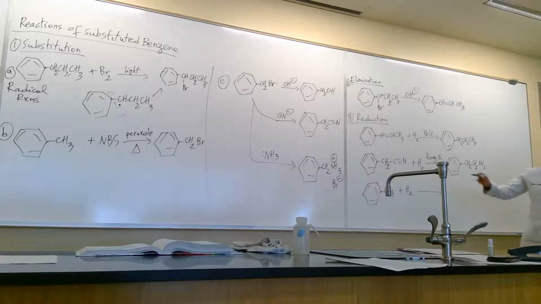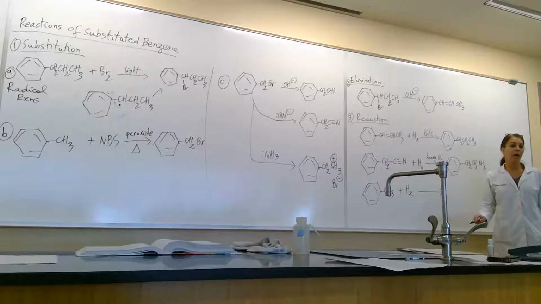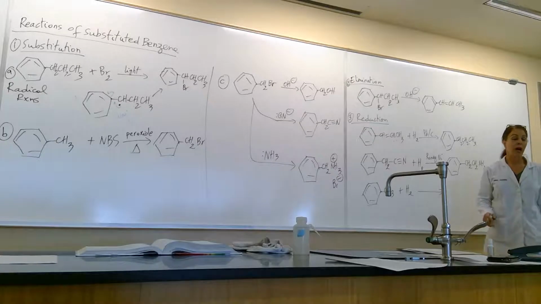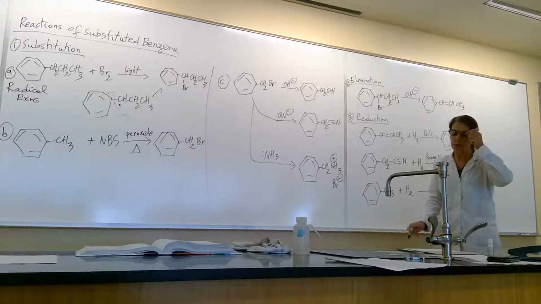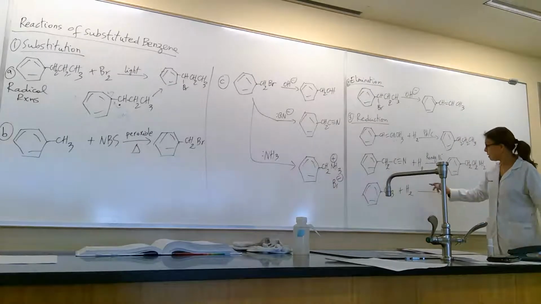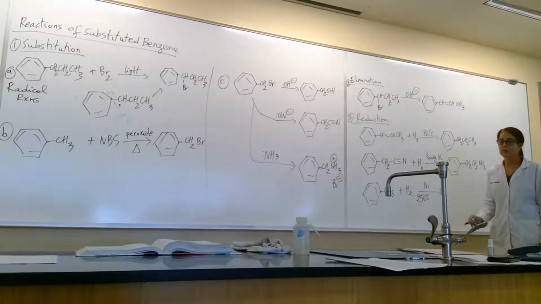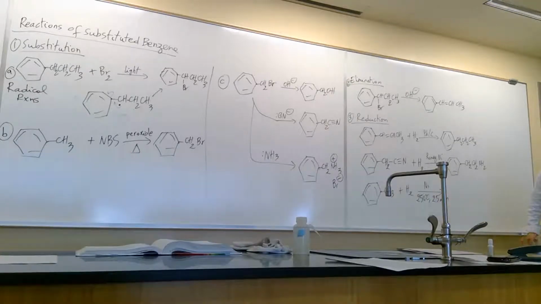If you want to hydrogenate the benzene ring, you can, but it's going to require very special conditions. So what are the special conditions? High temperature and high pressure. It's not enough to put high temperature. And for this, you need nickel, you need 250 degrees Celsius minimum, and you need 25 atmospheres. You understand what 25 atmospheres represent? It's huge pressure. So that will make the benzene turn into a cyclohexane.